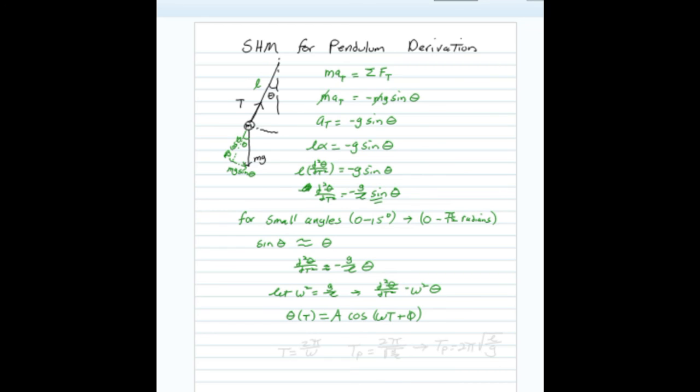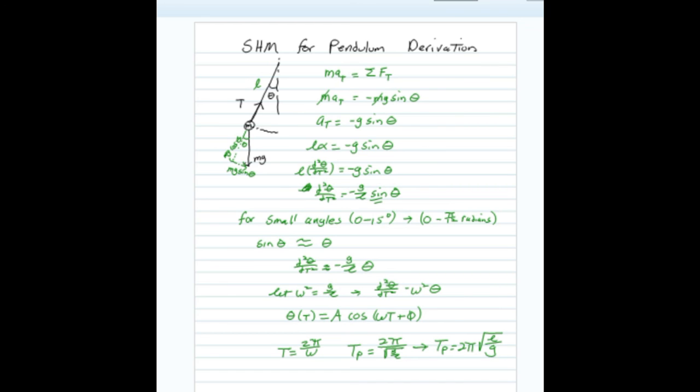This also points out an interesting point. We learned that the period of any object in simple harmonic motion is 2 pi divided by omega. So for a pendulum specifically, we have 2 pi divided by the square root of g over L, which we can rewrite as 2 pi root L over g.